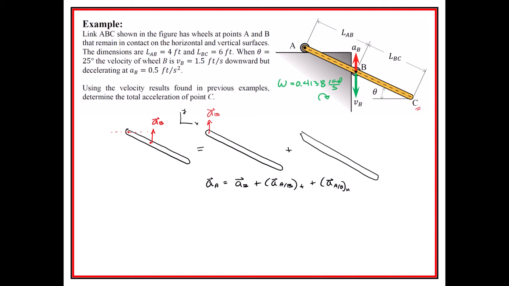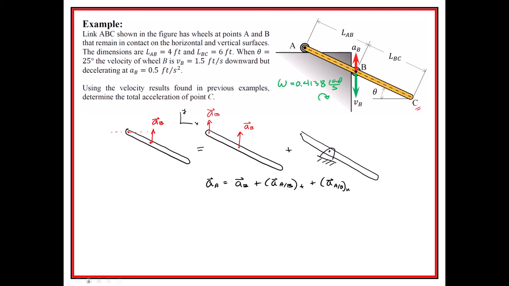I think it's going to be to the left, but we need to establish that. So let's keep it unknown for right now. And we put it at both places here. So because we used B as the reference, we go ahead and pin it at B.